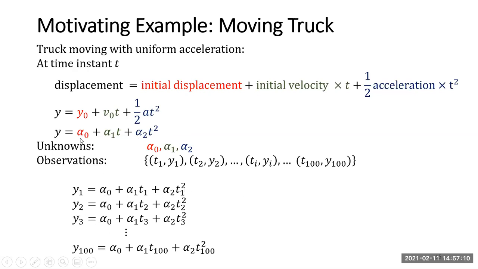Y2 equals alpha naught plus alpha 1 T2 plus alpha 2 T2 squared, and so on until the last row. We have Y100 equals alpha naught plus alpha 1 T100 plus alpha 2 T100 squared.